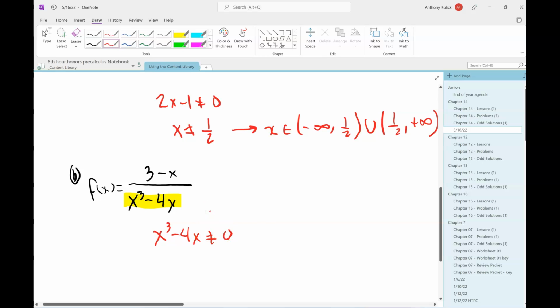How am I going to solve something like x cubed minus 4x not equal to 0? What do I want to do first to solve that anyways? It's pretty algebra 2, algebra 1-y kind of question. Should be pretty capable of answering that. What do I want to do first?